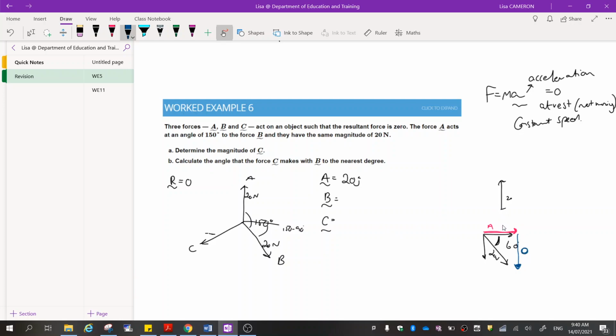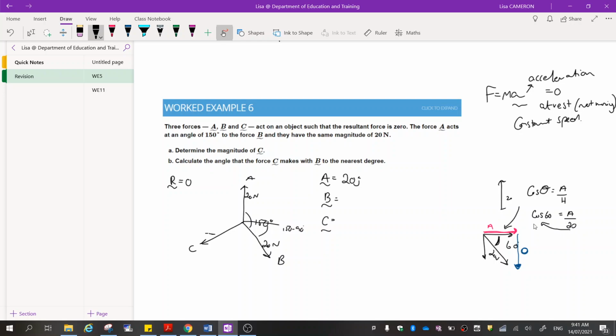So using SOHCAHTOA, to find the length of this line, which is going to make up our i component, I've got A and I've got H, so I'm going to use cos. So cos theta equals adjacent over hypotenuse, and now I can substitute stuff in. Cos of 60 is equal to the adjacent side, which is the part we don't know, divided by 20.